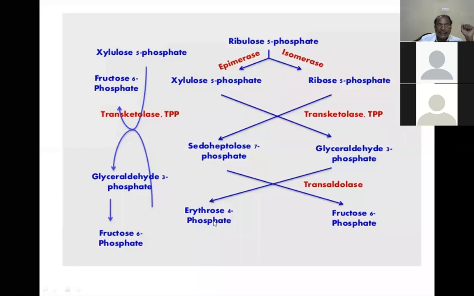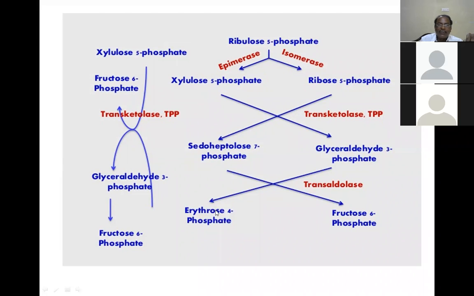Now the other side, erythrose 4-phosphate. That means the 6-carbon became 4-carbon. Two molecules of 6-carbon were lost as carbon dioxide, and now you have a 4-carbon moiety here. Now imagine this erythrose 4-phosphate, and also imagine xylulose 5-phosphate, one more molecule.